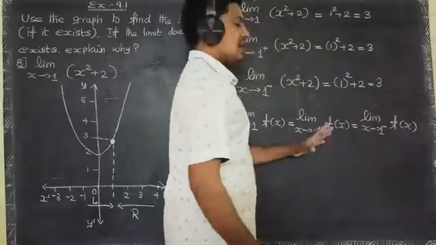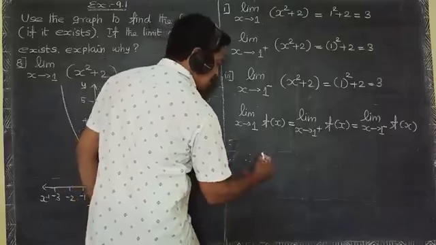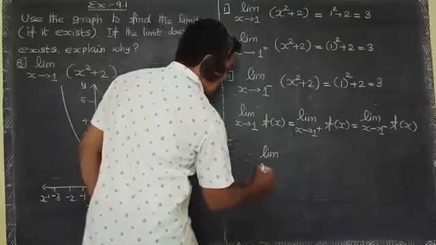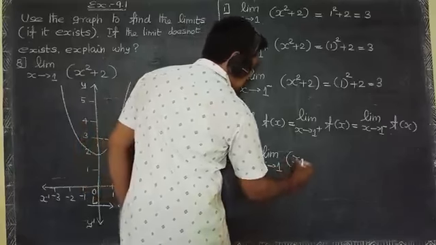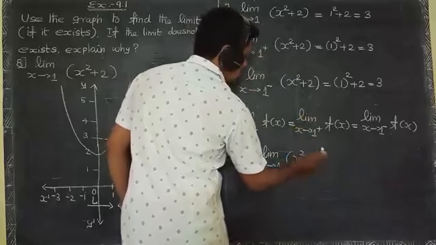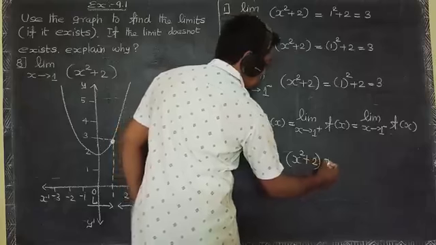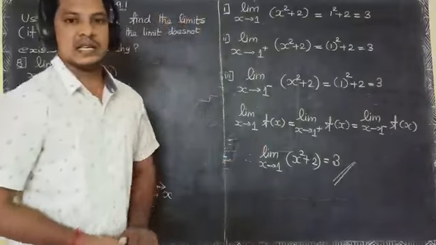All the values are equal. Therefore the unique value, that is the given function limit x approaches 1 of x squared plus 2, which is equal to 3. Limit exists.